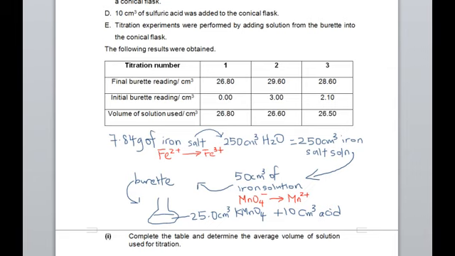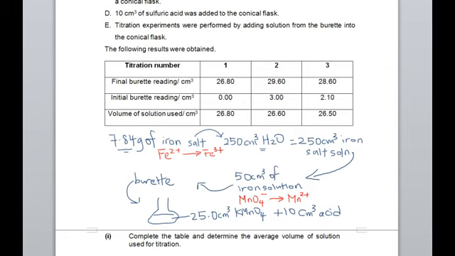We have over here 7.84 grams of iron salt. Okay, you place it in 250 cm cube of water and you get a 250 cm cube of iron salt solution. You draw out 50 cm cube of the iron solution and you put it in a burette.